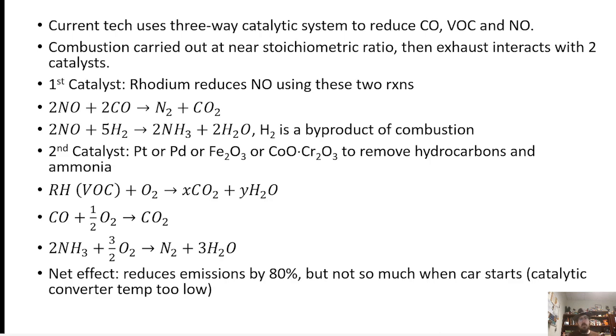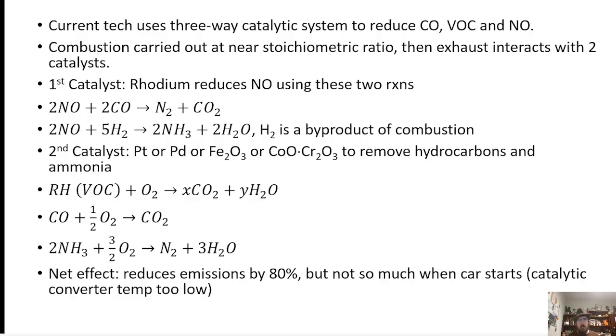The amount of CO2 and water depends on how big the VOC is. Any carbon monoxide can be oxidized to CO2, and any ammonia can be oxidized to form nitrogen and water.